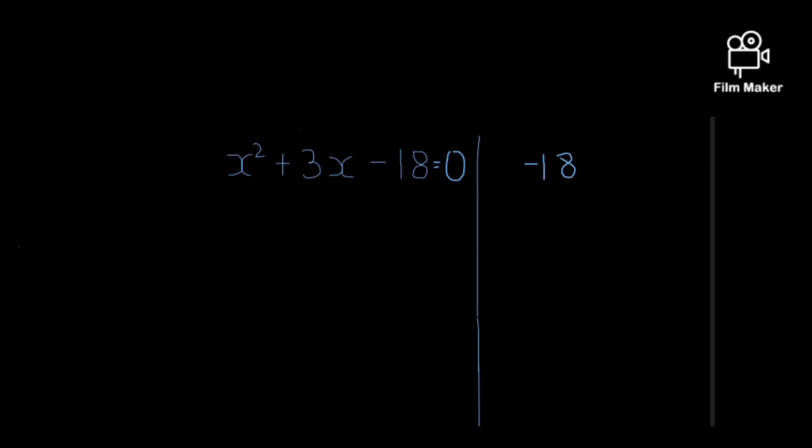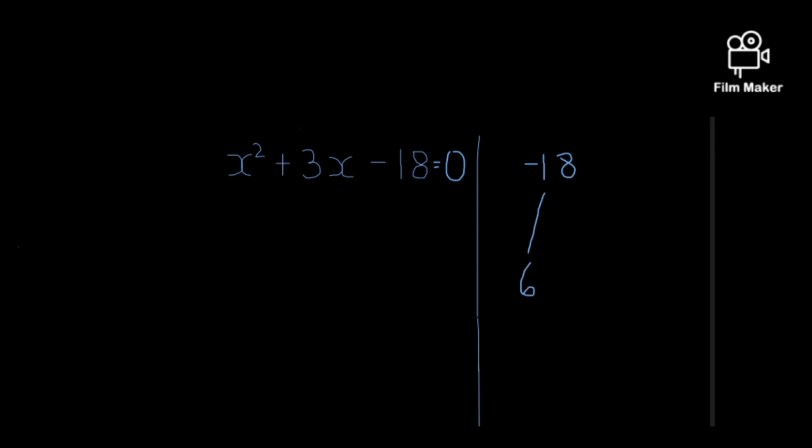And we'll have to find out which two numbers, which are factors of negative 18, would add to give us 3. Alright, so 6 and 3 are factors of 18, right?